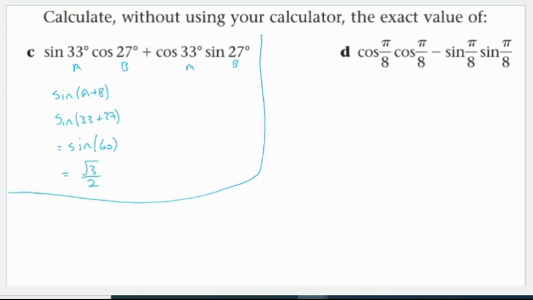Okay, next we've got a nice radians one. The giveaway that it's radians is that you've got pi's involved. So you've got cos pi over 8, cos pi over 8, minus sine pi over 8, sine pi over 8.